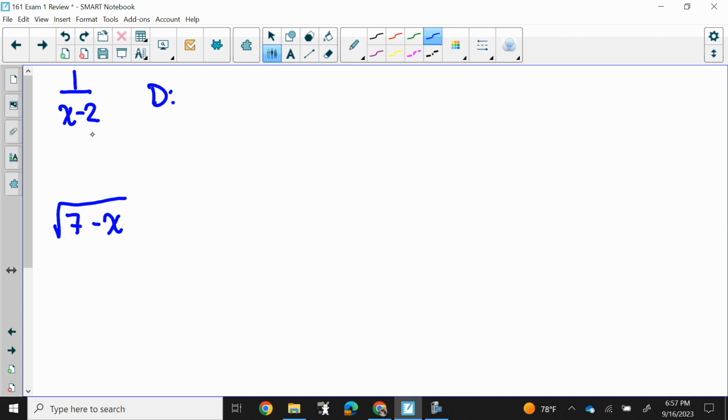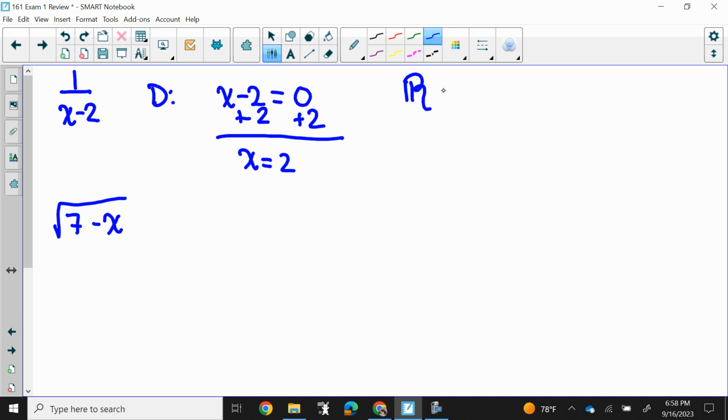So in order to do that, I take the denominator of the function and I set it equal to 0. I'm going to add 2 to both sides and I get x equals 2. So that tells me this is the value that x cannot be in the domain. So I would write this down as all real numbers except x cannot equal 2.